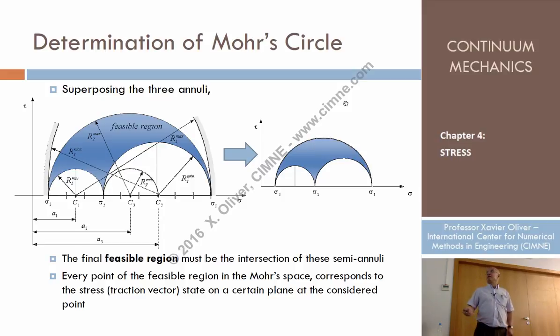So if for any reason I do a computation and get a tau which is, in modulus, larger than the half difference of the larger and the smaller principal stress, there is a mistake. It's not possible. Okay? So just a very simple look at these geometrical constructions provides a lot of information. Okay?